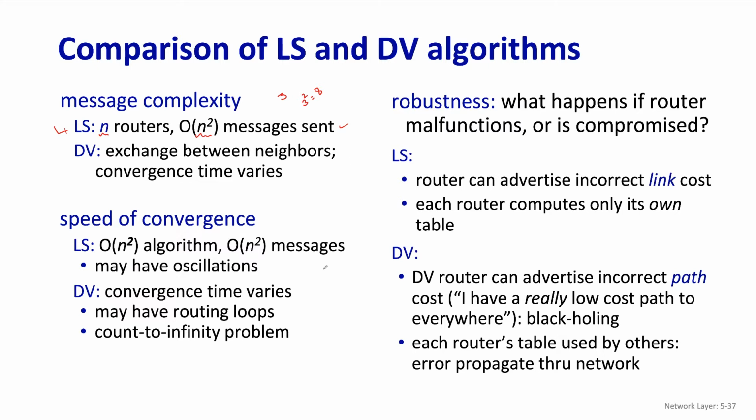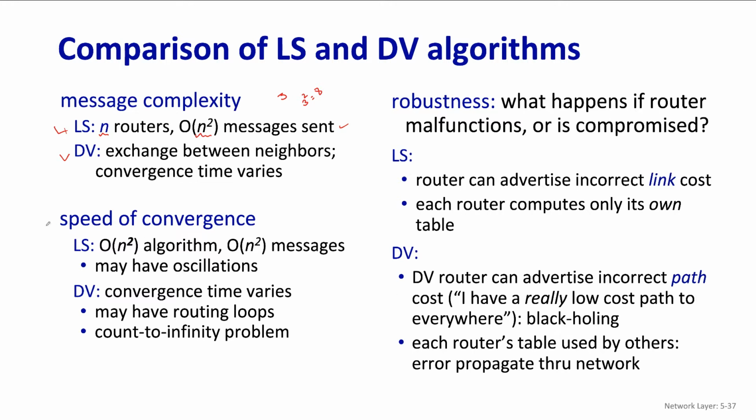Okay, so when it comes to distance vector, the exchange is between the neighbors, and convergence time varies. The smaller the network, the less time it's going to take to converge, and the more routers you have, the more time you require to converge.